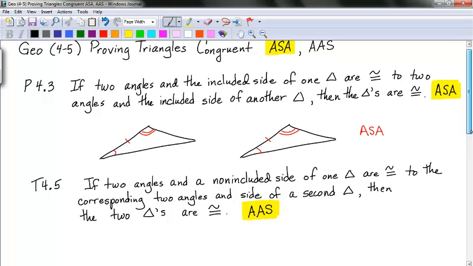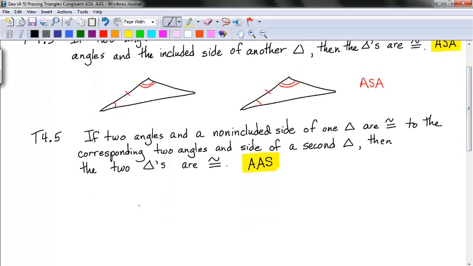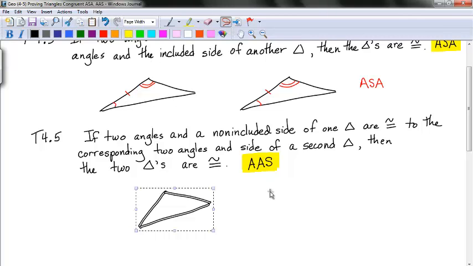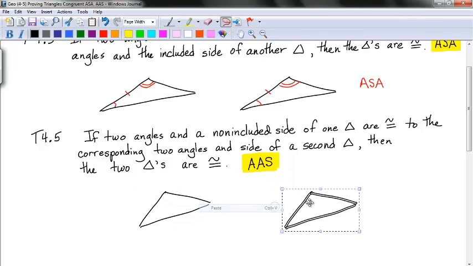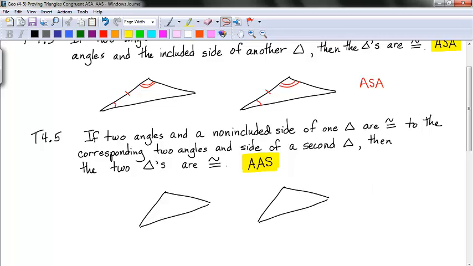Okay, now another picture. And the label. Say this angle is congruent to this angle, and let's say this angle is congruent to this one.